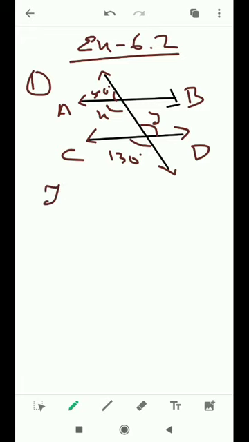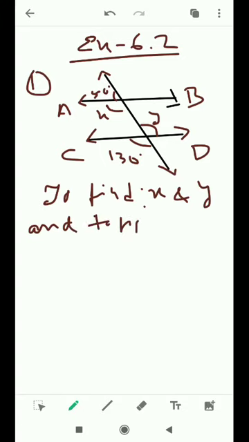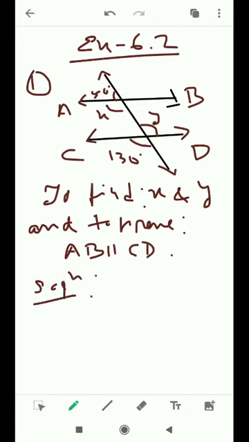So in the question, we need to find X and Y and to prove AB is parallel to CD.